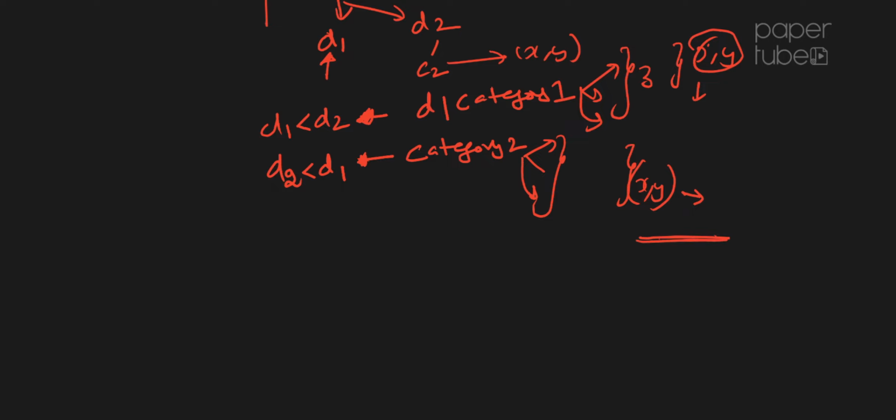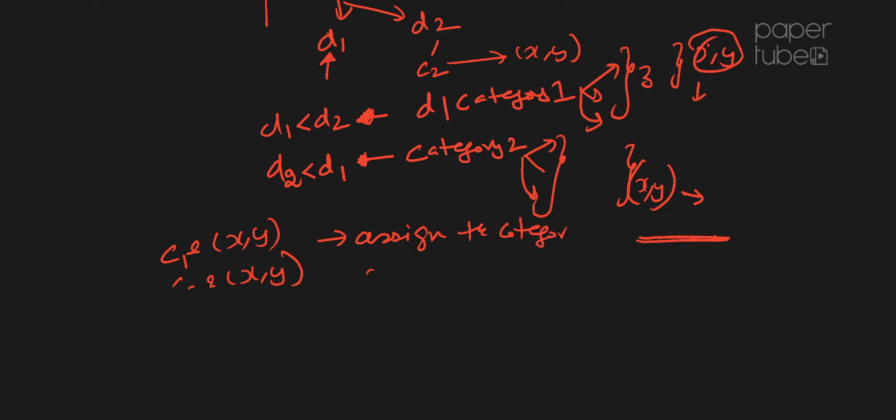And again, you recalculate the Euclidean distance between the new cluster center C1 and all the data points, and the second cluster center C2 and all the data points. And then again, you assign the category and recalculate the cluster center.